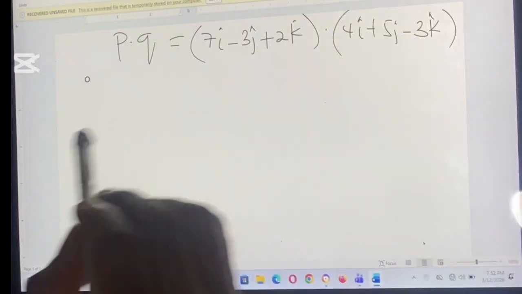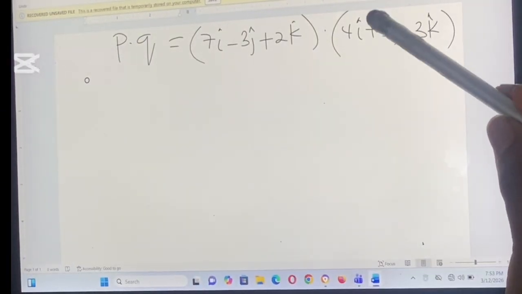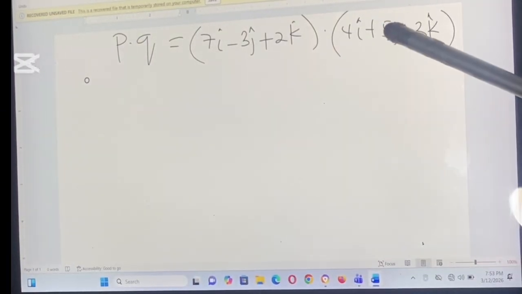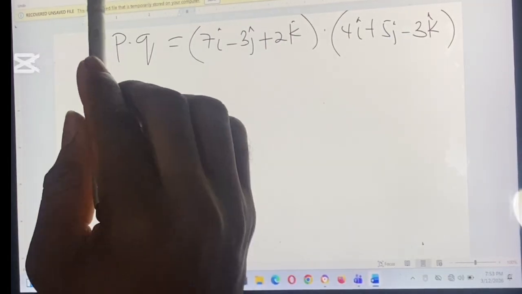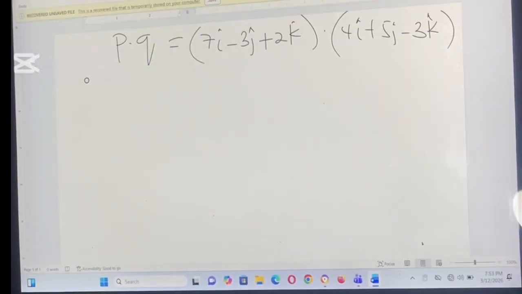Please take note. We're asked to dot these two vectors. Class, this is the simplest way to solve dot products. What you have to do here is to expand. But when you are expanding, you only multiply the corresponding vectors. Please understand this.